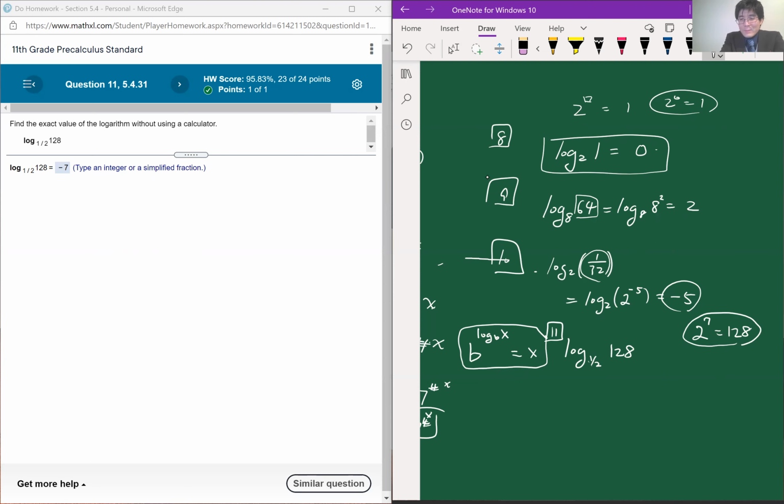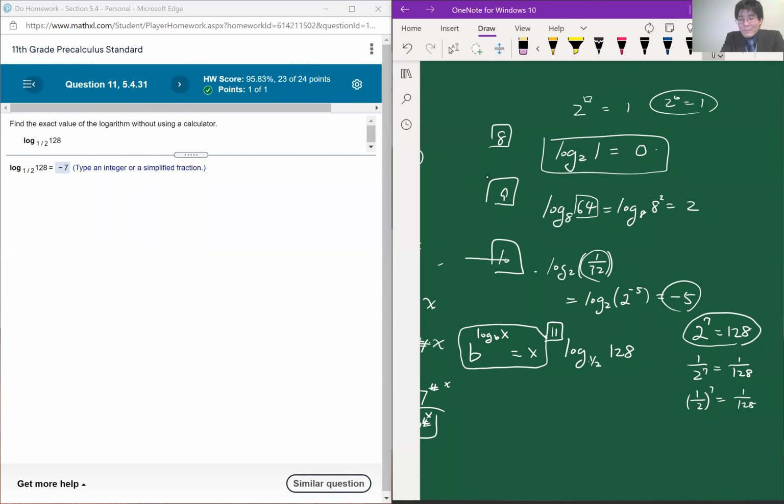We take the reciprocal of both sides of the equation. So 1 over 2 to the 7 is equal to 1 over 128. So this means 1/2 to the 7th is equal to 1 over 128, right?